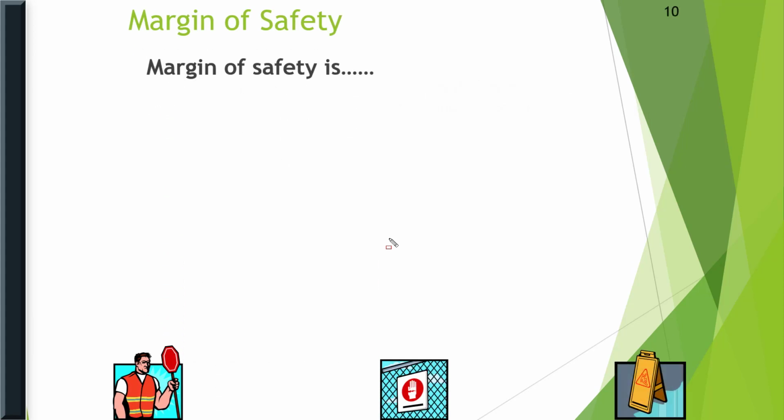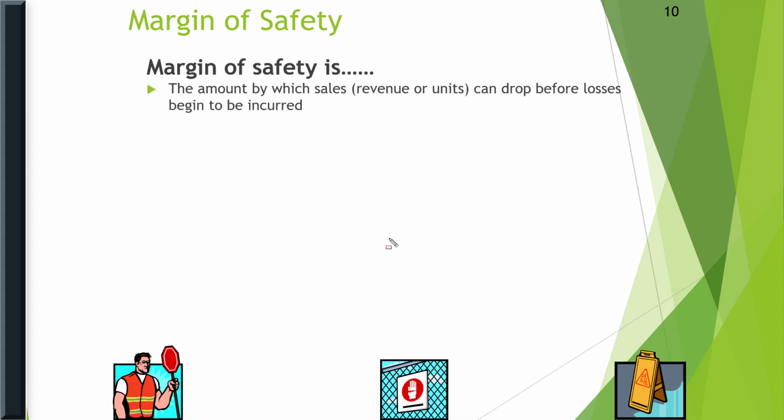Another term is the margin of safety. The margin of safety is the amount by which sales can drop before losses begin to be incurred.